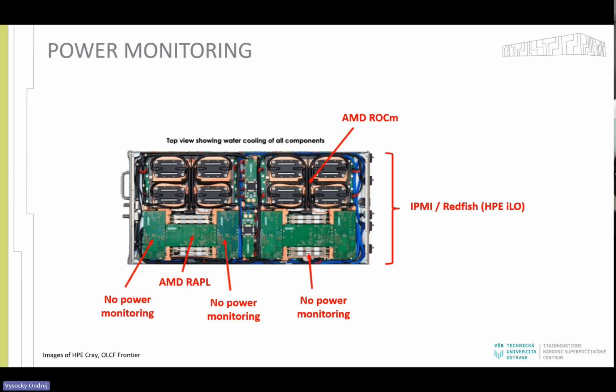So for that, it's possible to use IPMI or Redfish, which is a follow-up, let's say, a new interface that overcomes the IPMI, and it provides the power consumption of the whole blade. The problem is that it is running at a very, very low frequency, typically one power sample per second, if I'm right.